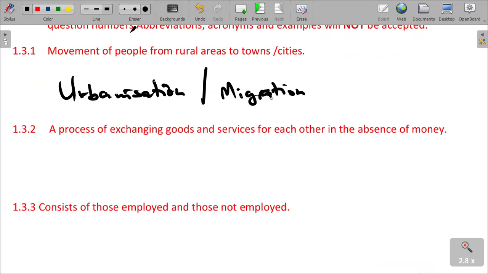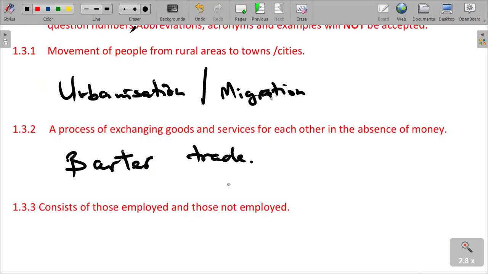A process of exchanging goods and services for each other in the absence of money. When trade is done without involving money, we call that barter trade. It is called barter trade when businesses and individuals are engaged in buying and selling but without the involvement of money.